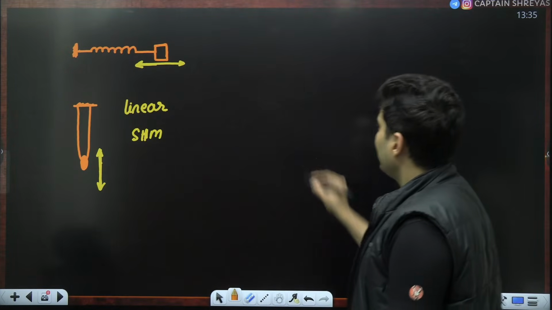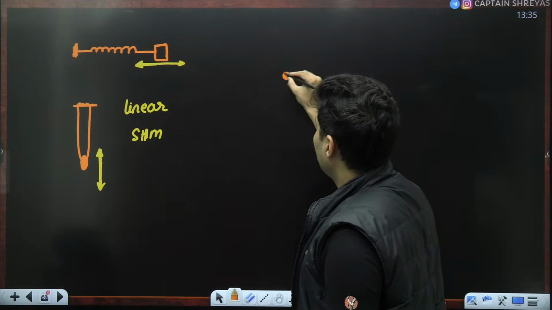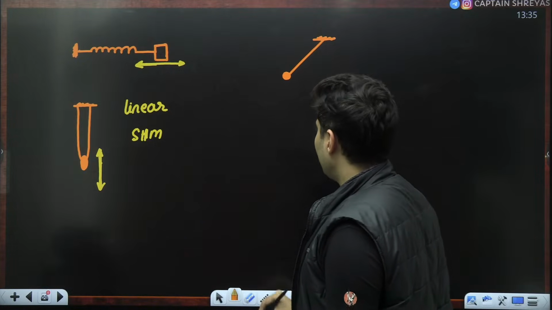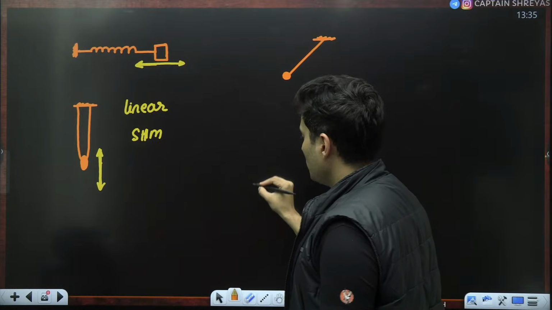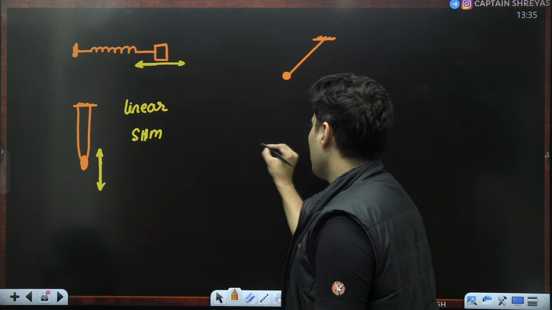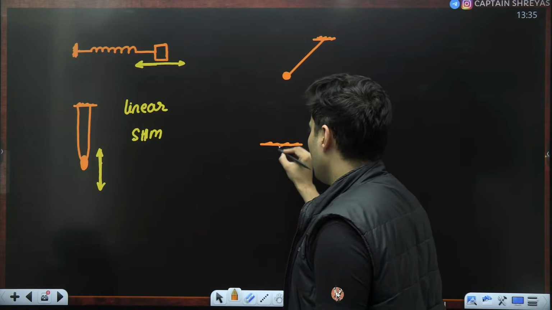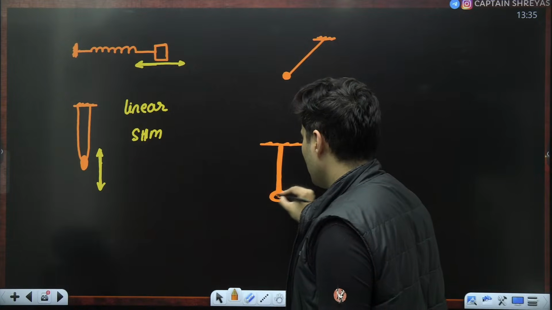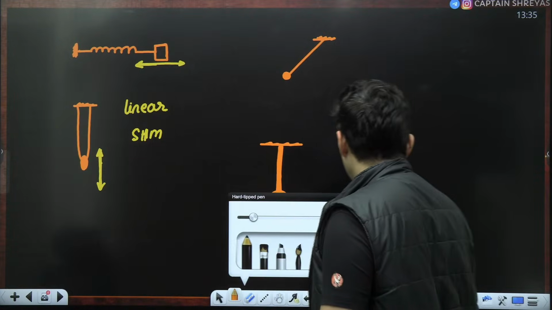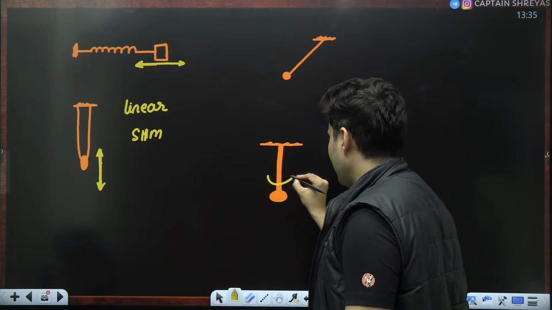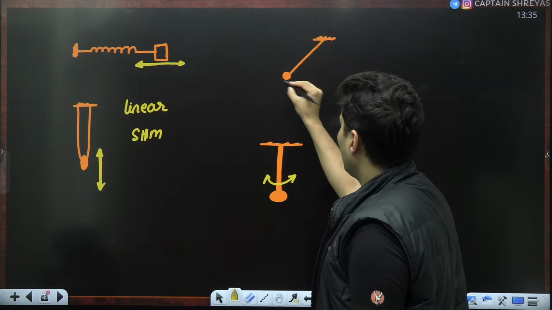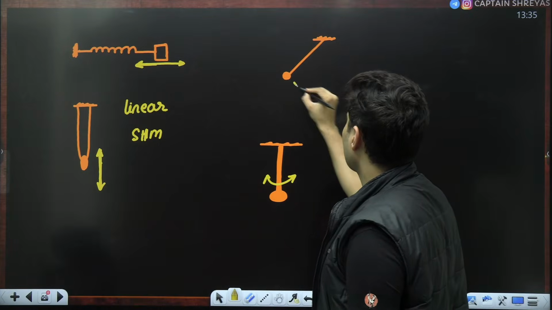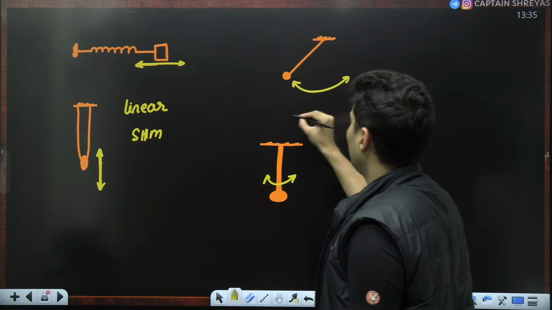There are examples where it is rotating. So things like, you take a mass, attach it to a thread and leave it. Or you have supported some rod and connected it to some mass over here, and then you twist it and release it, and it will go back and forth like this.